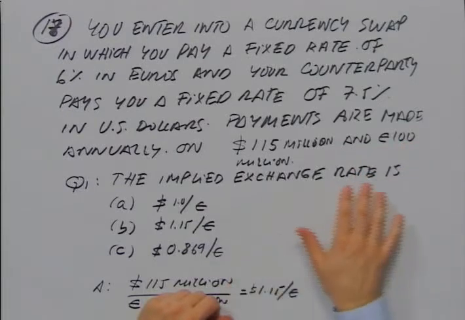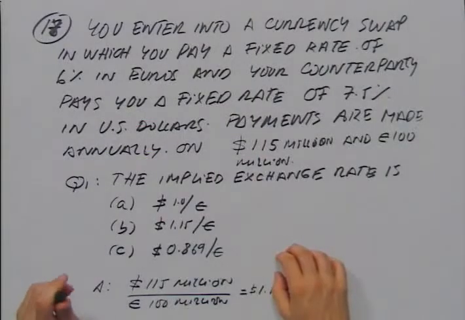How do we calculate the implied exchange rate? It is given by the equivalent principals. If you want the dollar per euro exchange rate, divide the notional principal in dollars by the notional principal in euros. If you do that, you get B, or $1.15 per euro.